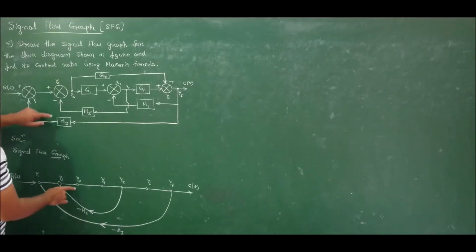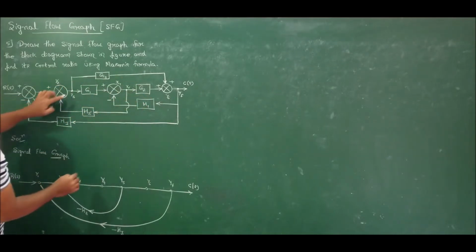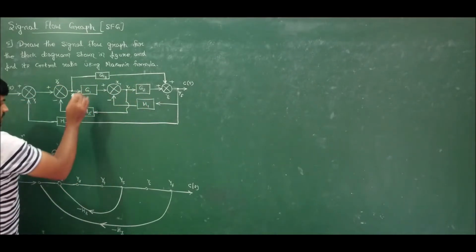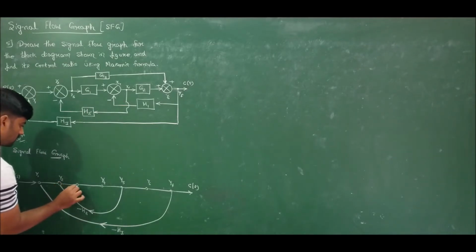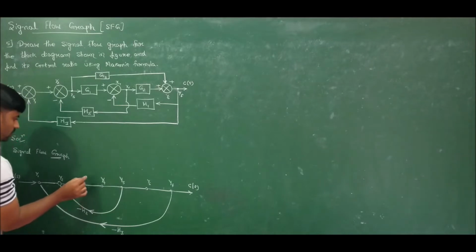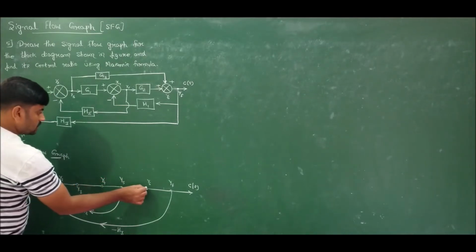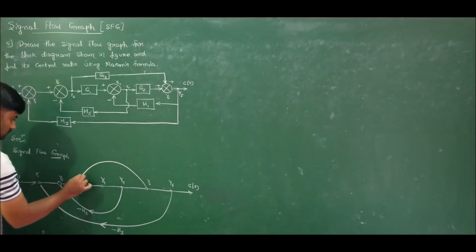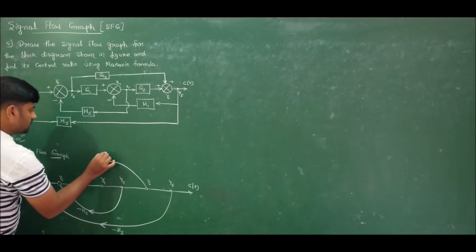Next, from node y3 we have another forward path to y6 whose branch gain is G3. So from y3 you mark a forward path to y6 with a branch gain of G3.